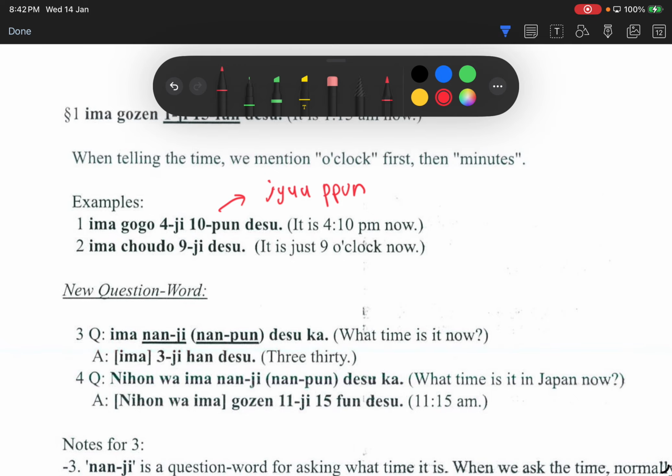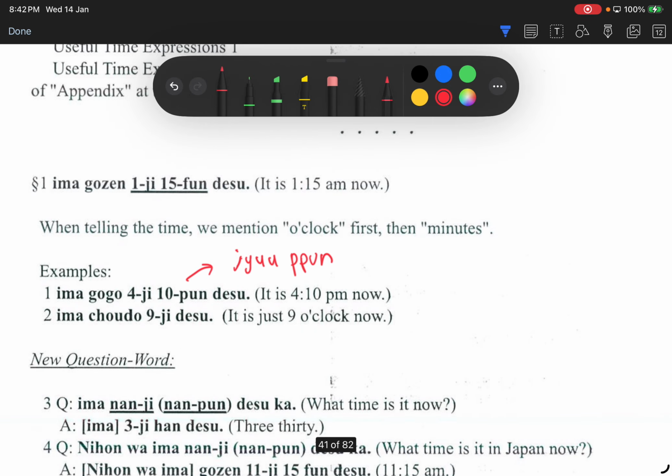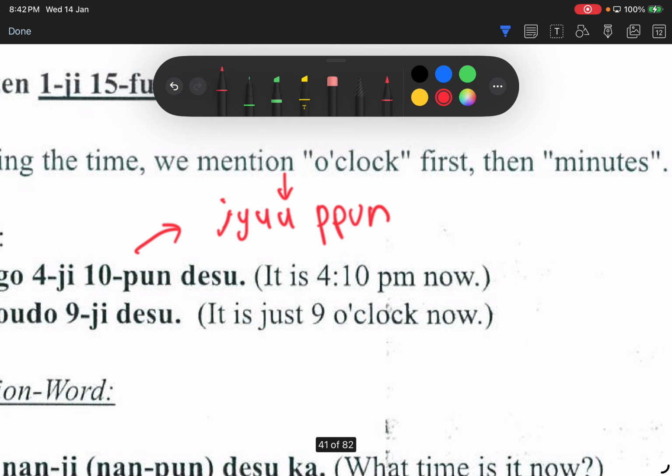Why on the top you have phone and here pun? That one goes back to the appendix we explained before, remember? Before that, you just copied blindly.